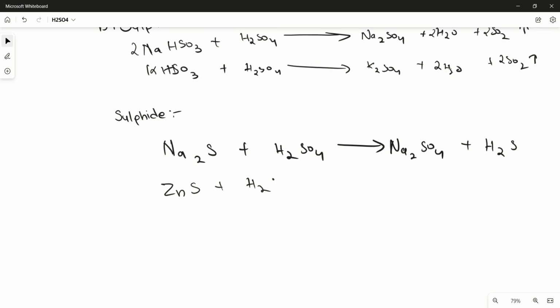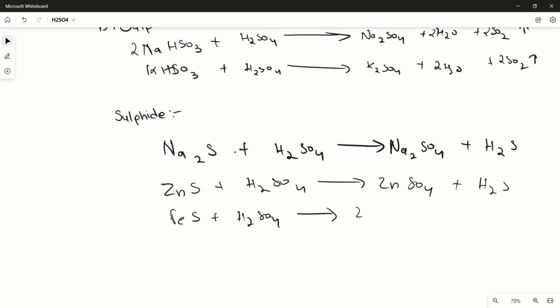ZnS plus H2SO4 gives ZnSO4, H2S. Another one, FeS plus H2SO4 giving us FeSO4, H2, oh, sorry, H2S. It's actually iron 2 sulfide in the new IUPAC system, but whatever.